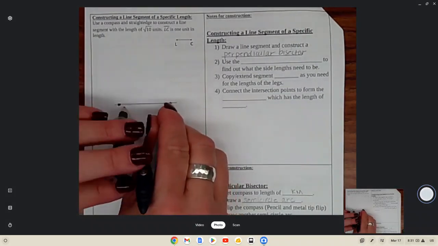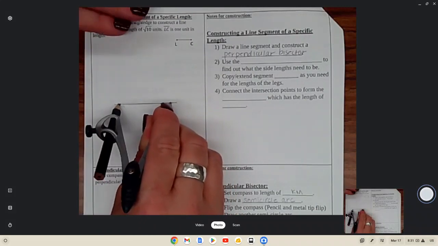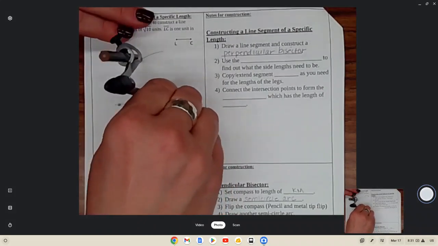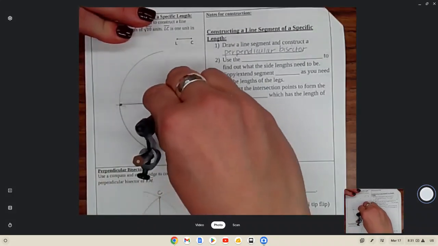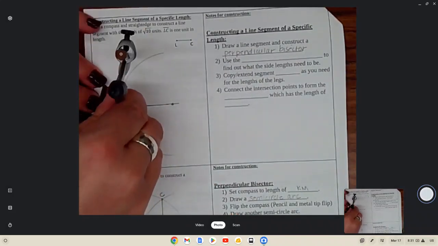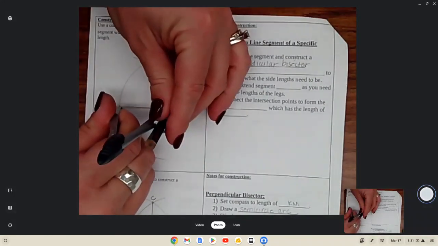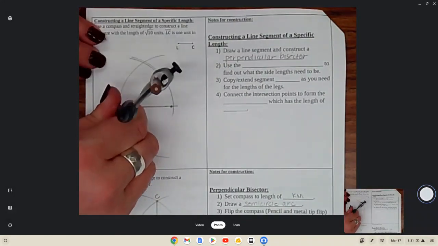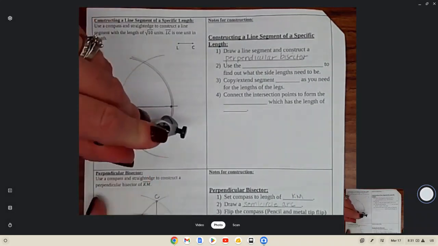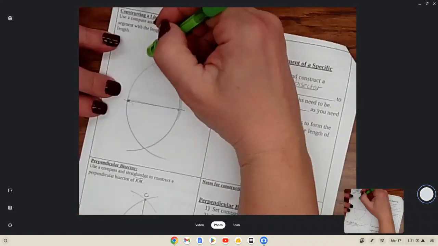So again, you open up your compass. Semicircle arc going one way. Flip it. Semicircle arc going the other way. I moved my compass. Shoot. Try that again. There we go. That's better.